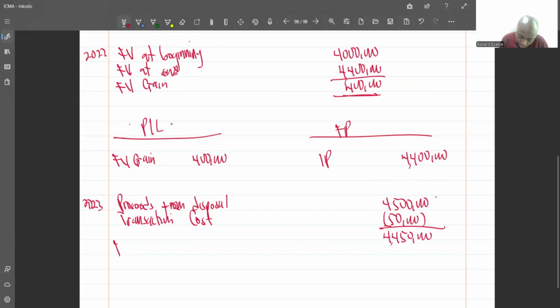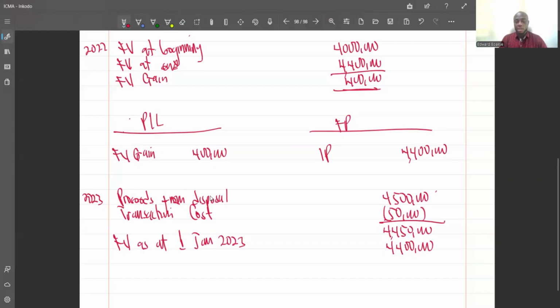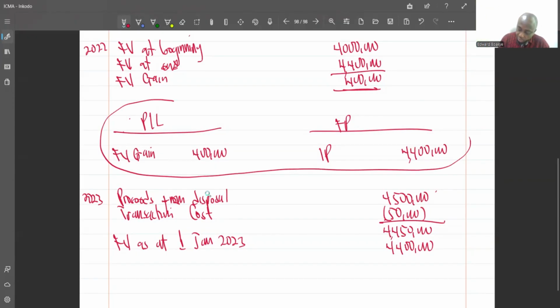However, the fair value as at 1st January 2023 was 4.4.